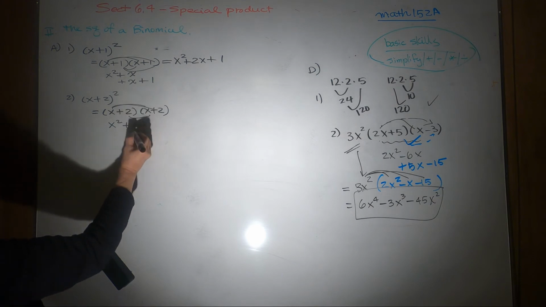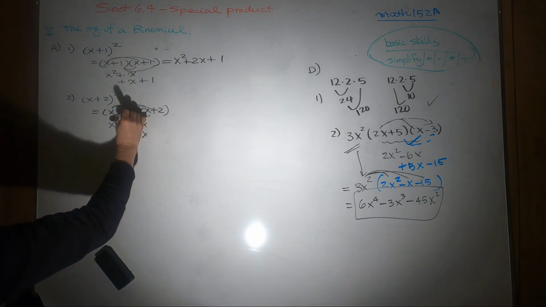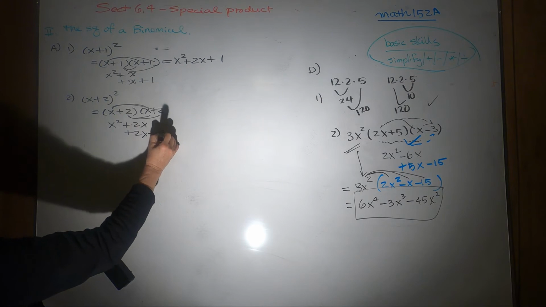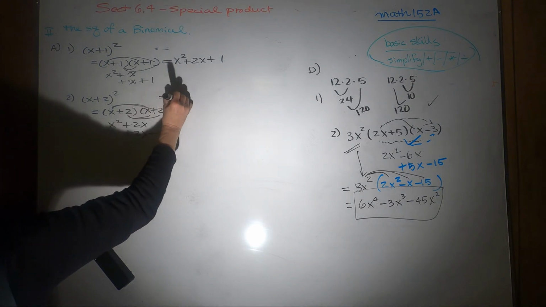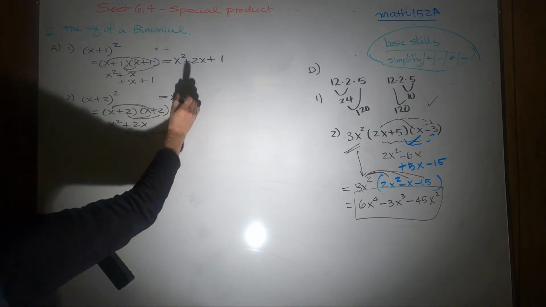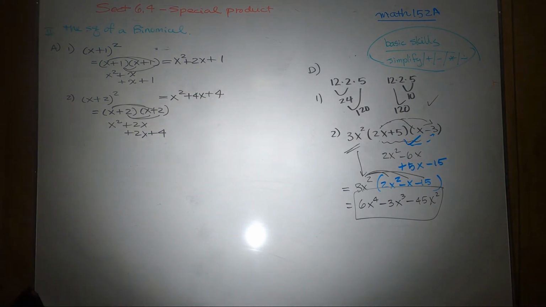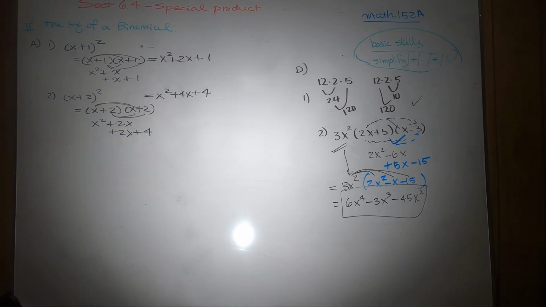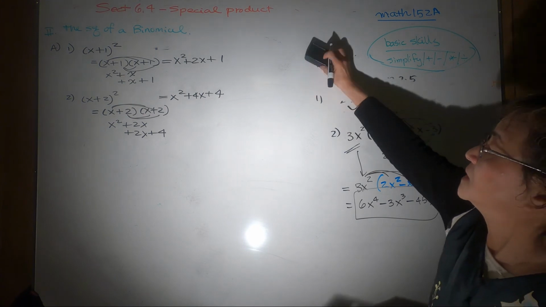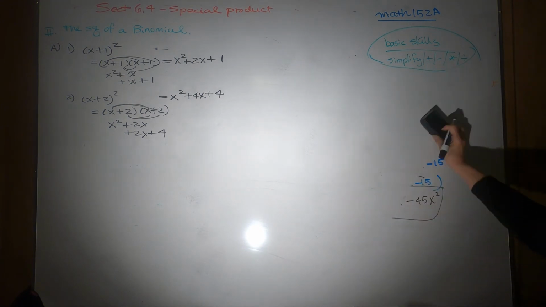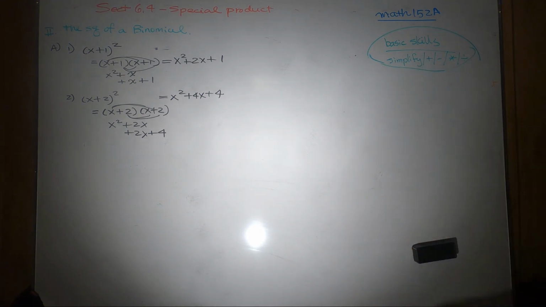The bottom one, 2 times x is 2x. 2 times 2 is 4. Then you combine like terms. That would be x squared plus 4x plus 4, right? So it all ends up a trinomial. Okay? Then, do you see the patterns?